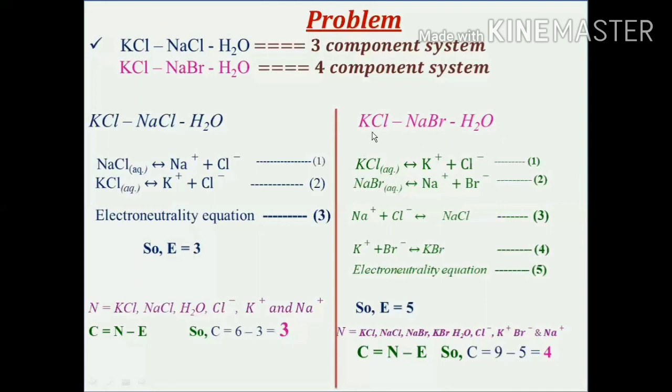No. NaCl was not present in my given system. So that means there is a new substance getting formed from these ions, which are now a part of my system. So Na+ and Cl- combine to give another product, a compound, that is NaCl. And this equation forms another part of my value of E. So overall now there is no other such combination that can be made. So all these four equations are a part of my system now.